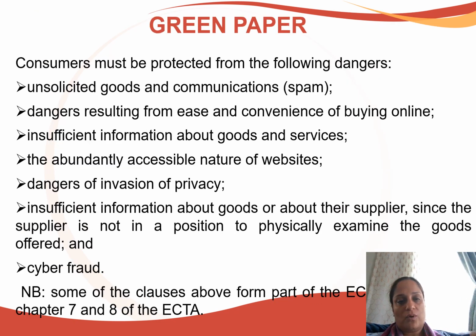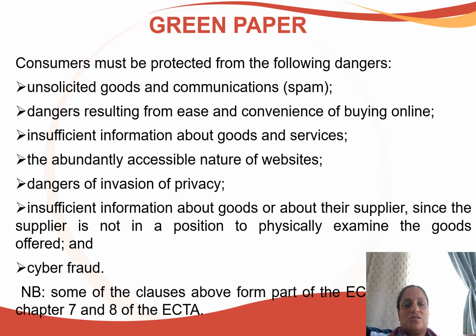And how do we do that? According to the Green Paper, the things that consumers needed to be protected from were firstly spam, unsolicited goods and communication, and dangers from the convenience of buying online.